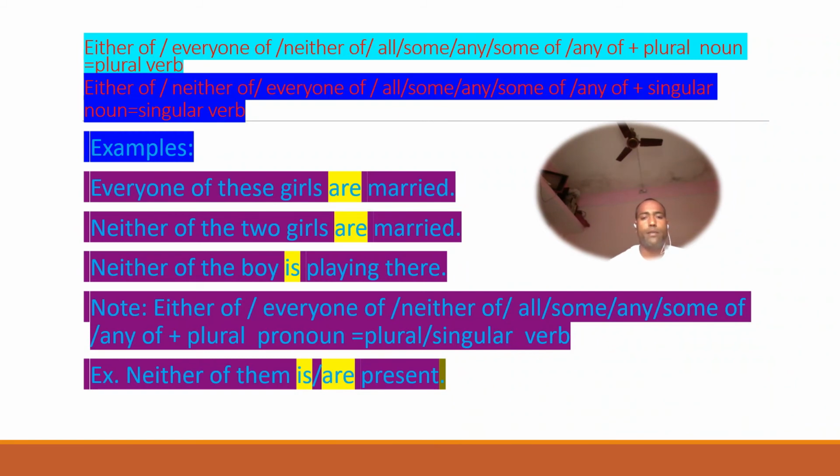So neither of them is present is possible, and neither of them are present is also possible, because them is a pronoun. If here is a noun, singular noun takes a singular verb, plural noun takes a plural verb, but here is a pronoun, so in such a case both singular and plural verbs are possible.